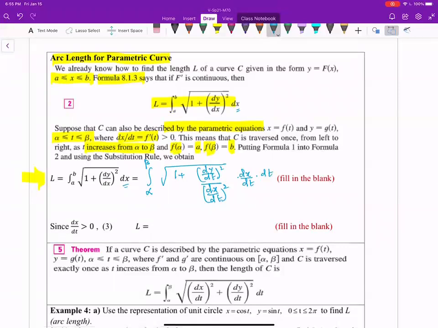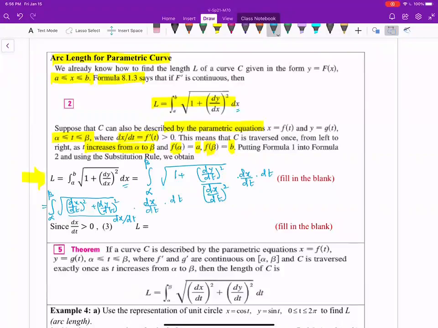If you take the common denominator, this would become integral alpha to beta square root of dx by dt the whole square plus dy by dt the whole square, the whole thing divided by dx by dt the whole square within the radical. So if you take the radical out, it is dx by dt below. There is one more dx by dt on the numerator.